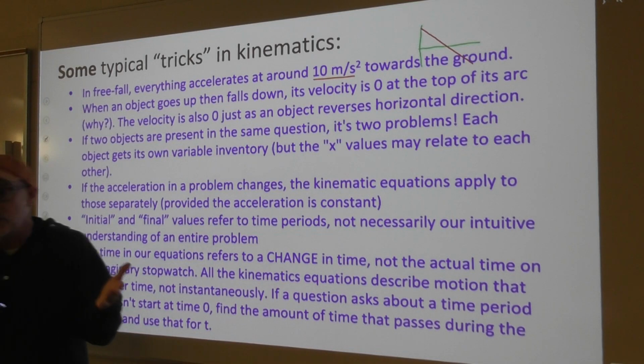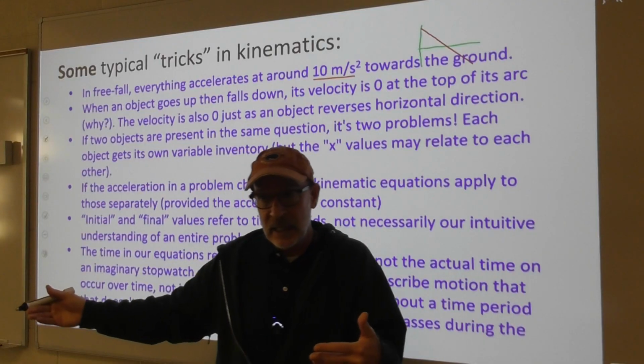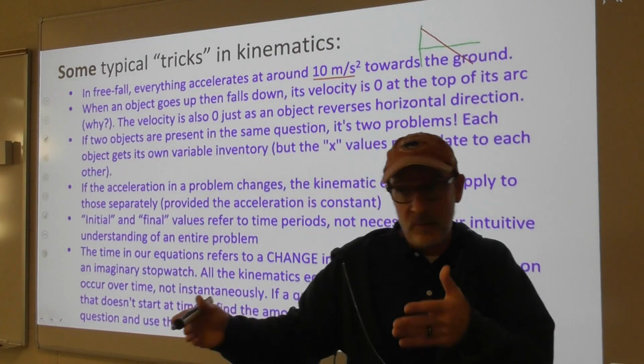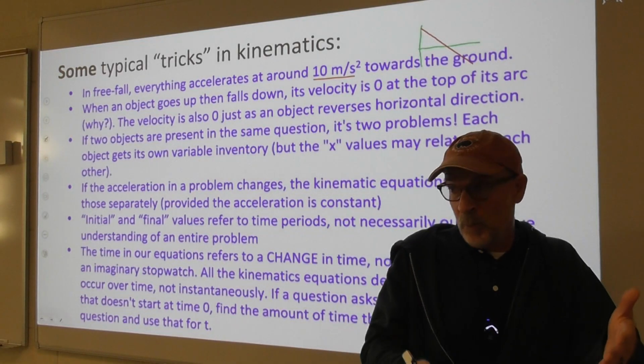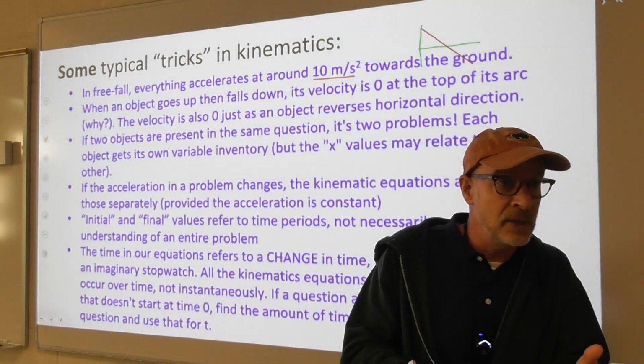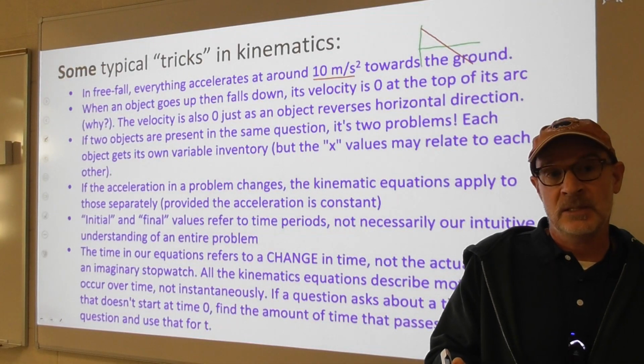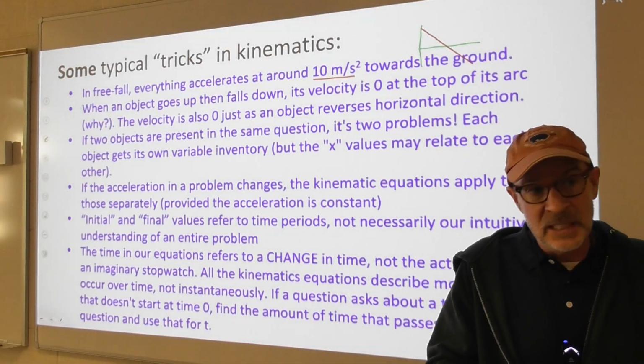Because if we're then interested in a problem later involving the same object, it does something kind of weird, and then 10 seconds into our problem, it starts accelerating at a constant rate, and it does that until 16 seconds. Then we're going from 10 to 16.